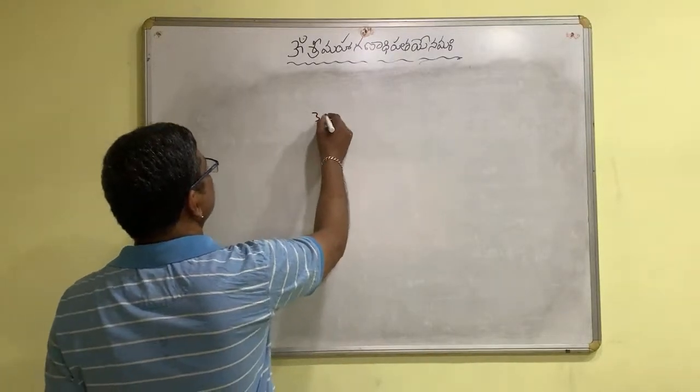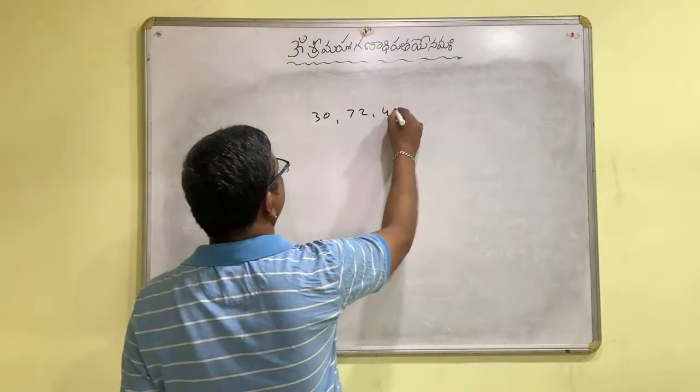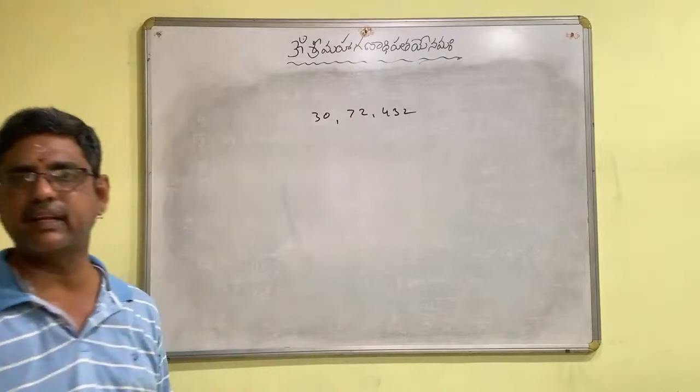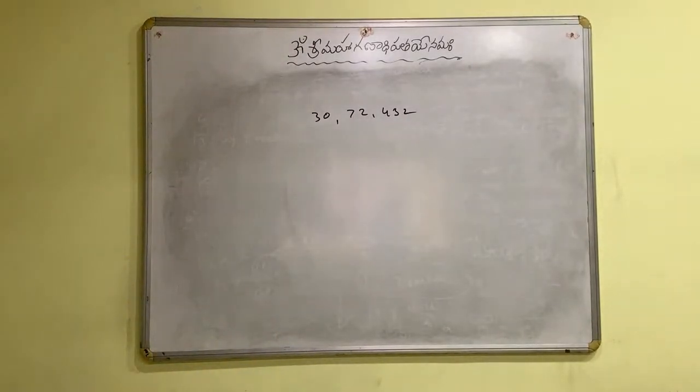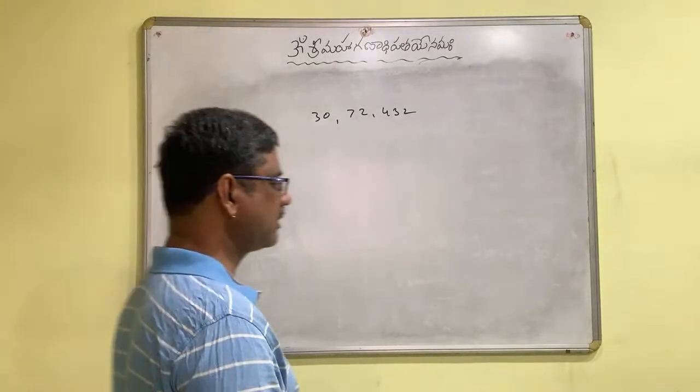Now I am giving 30, 72 and 432. Find the LCM and HCF of these three numbers, children, fast.